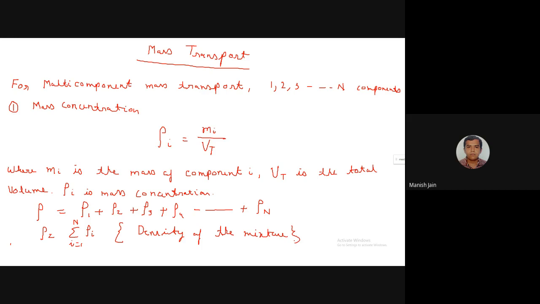Now we define the second quantity, that is the mass fraction. Mass fraction is defined as wi equal to rho i divided by rho, or you can say rho i divided by rho 1 plus rho 2 plus rho 3 up to rho n.